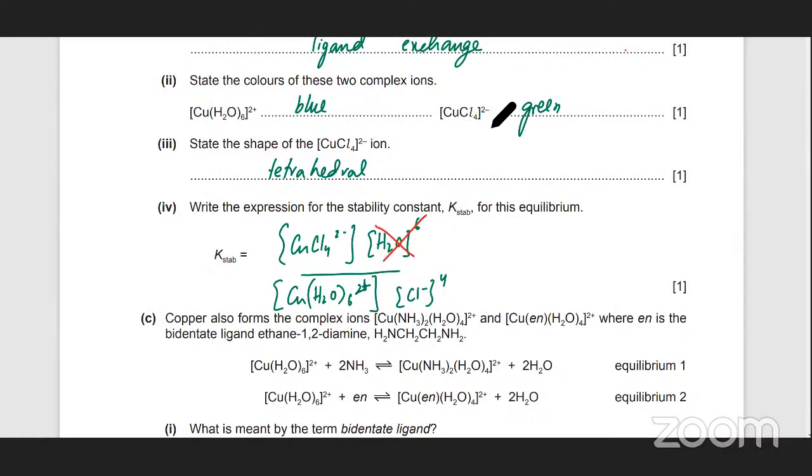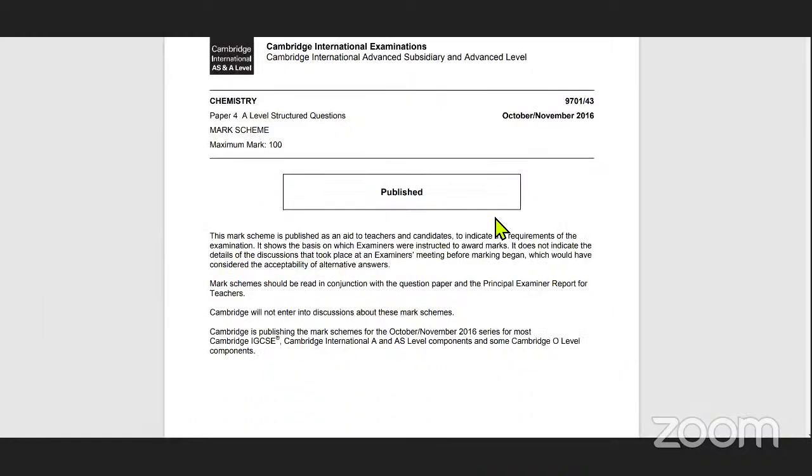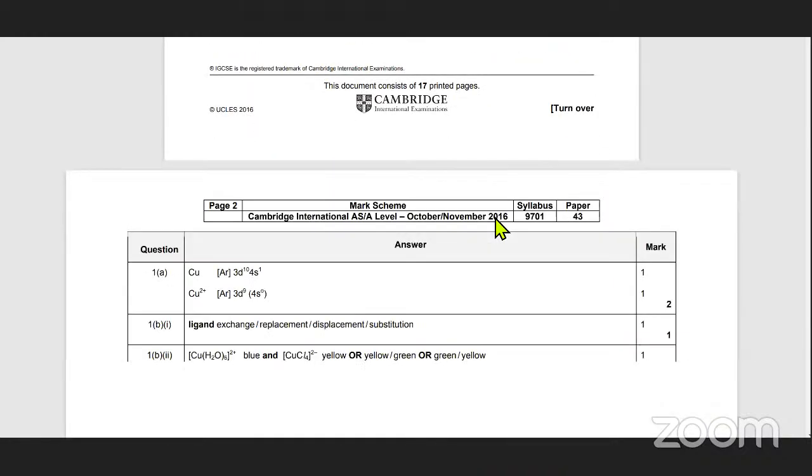They haven't really mentioned aqueous anywhere, so I'm assuming it is aqueous. But let me just confirm this. But remember this: for water, water is not written in the expression if the solution is aqueous, because there are so many water molecules that its concentration is very high, and it is practically not changing, becomes constant. Okay, I'm just going to check water.